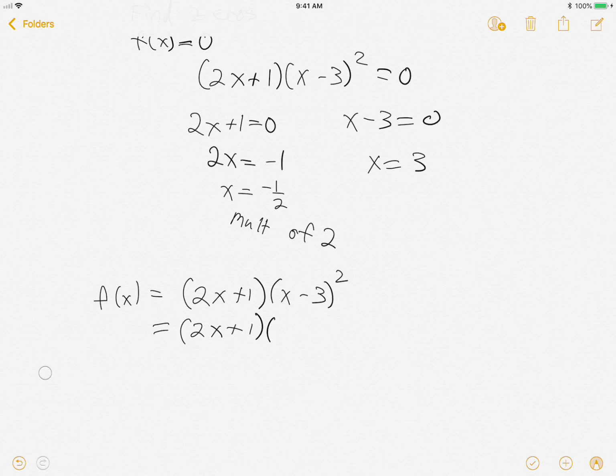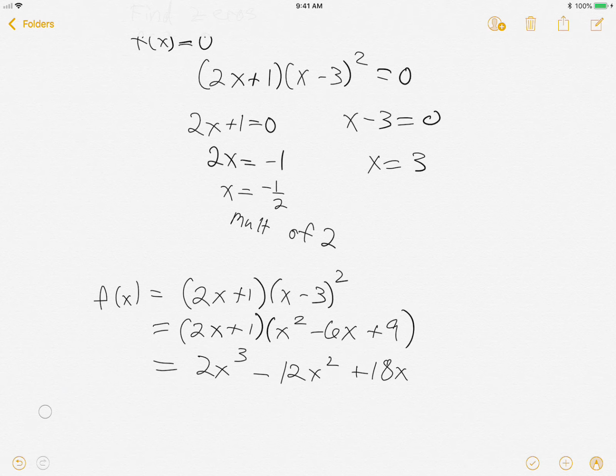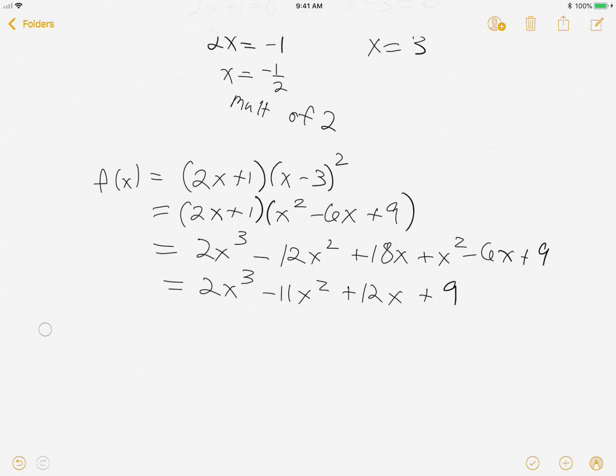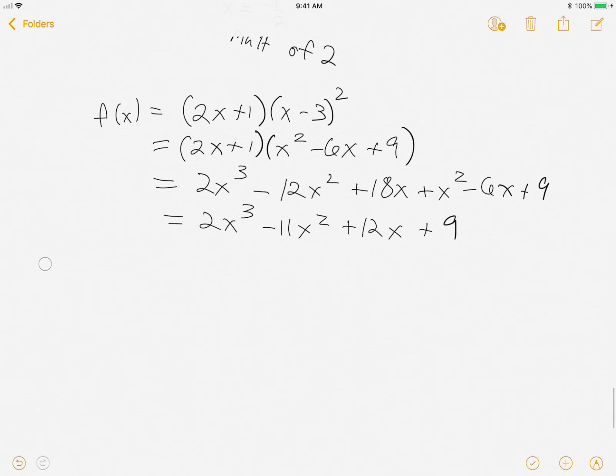So this is going to be x squared minus 6x plus 9, 2x to the third minus 12x squared plus 18x plus x squared minus 6x plus 9 gives you 2x to the third minus 11x squared plus 12x plus 9. Okay, so from that, we can see it's degree 3, so it's going to have 2 turning points.